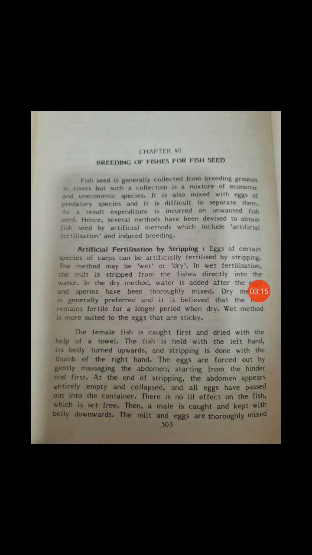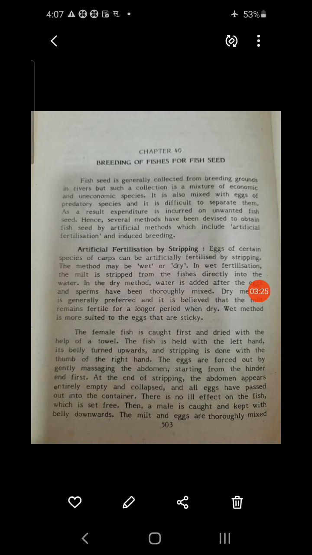In this way, these eggs and milt are thoroughly mixed with the help of a feather, and water is added. Because of this mixing, the eggs and the sperms are in one position, and fertilization occurs, and many species of fish can be artificially spawned and fertilized, obtained in large numbers by the above method.